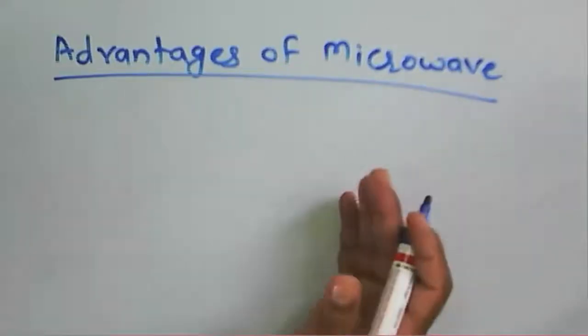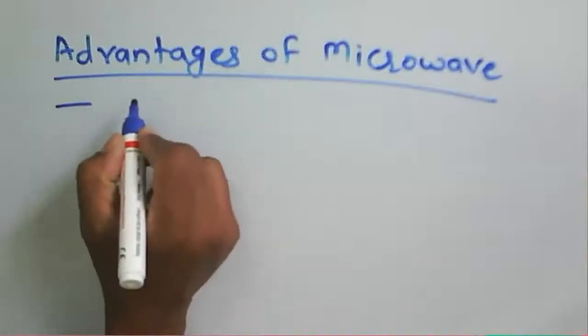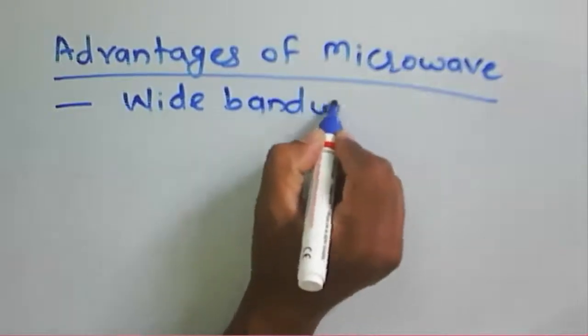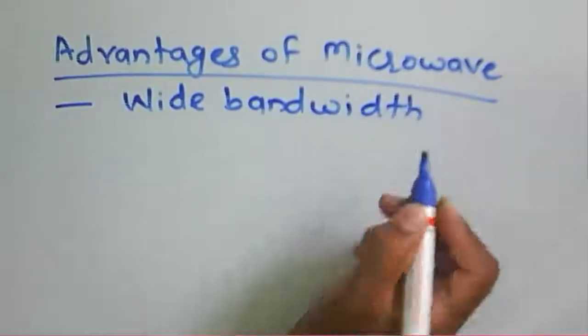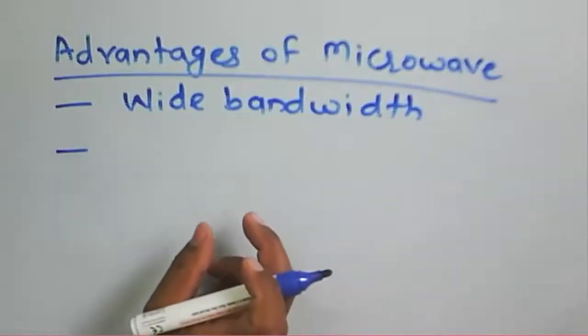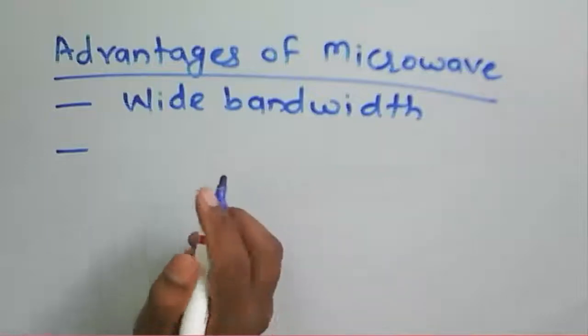So that is again an advantage of microwaves. One, we can talk about its wide bandwidth, because of the range of the frequency, we can say that it has a wide bandwidth.